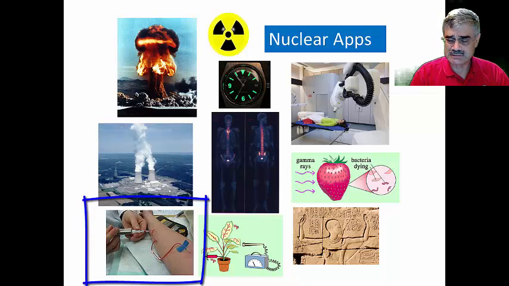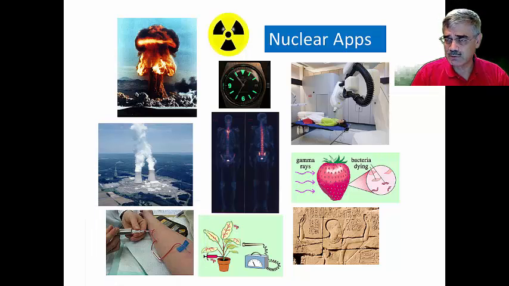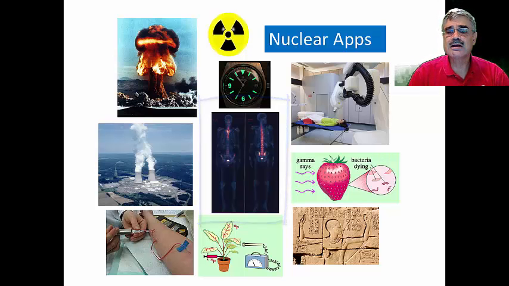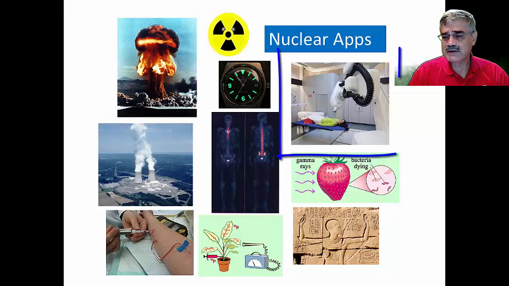And you see a photograph here of someone injecting an isotopically labeled sample of some sort into someone's bloodstream for some diagnostic test. This may be injected to produce a bone scan, which is shown in the center of the slide. Another aspect of nuclear medicine, which we will talk about, includes radiation therapy, as shown in the upper right.